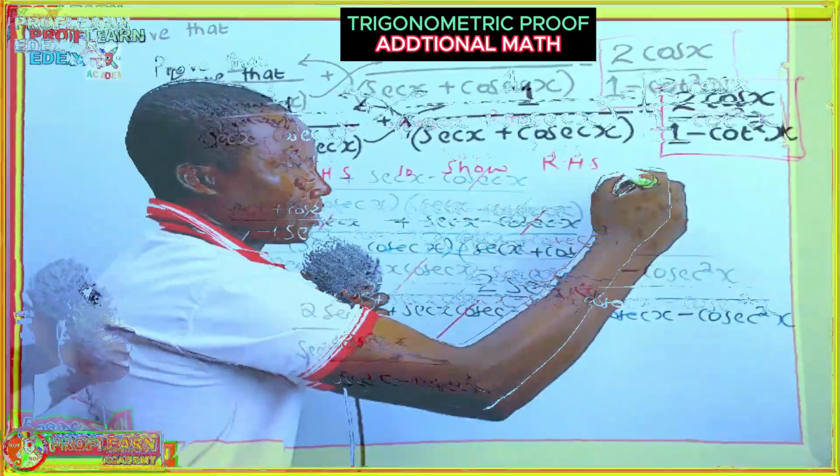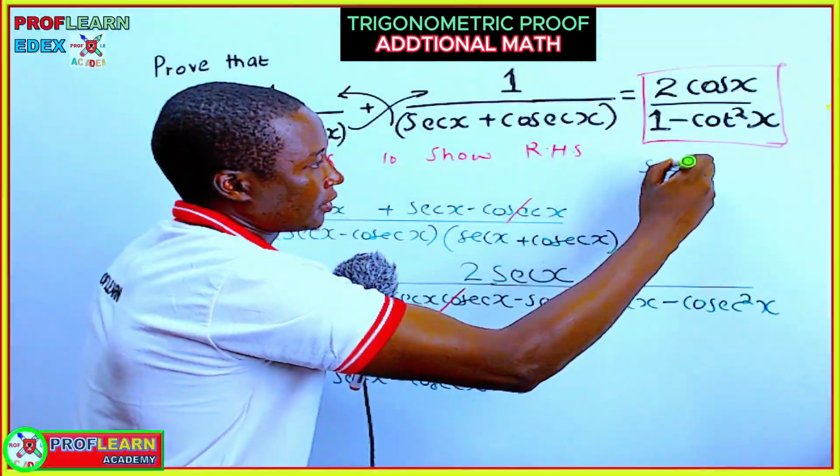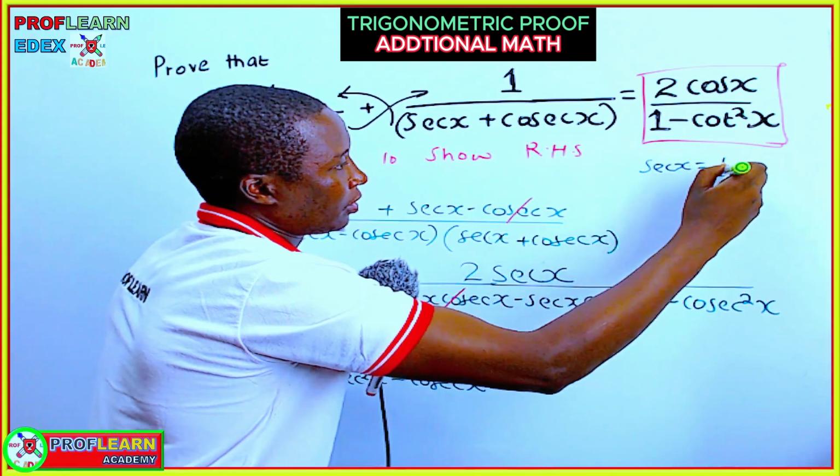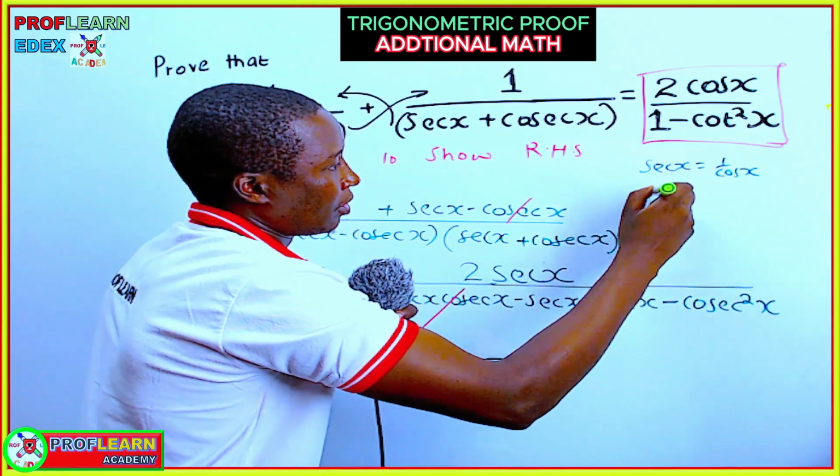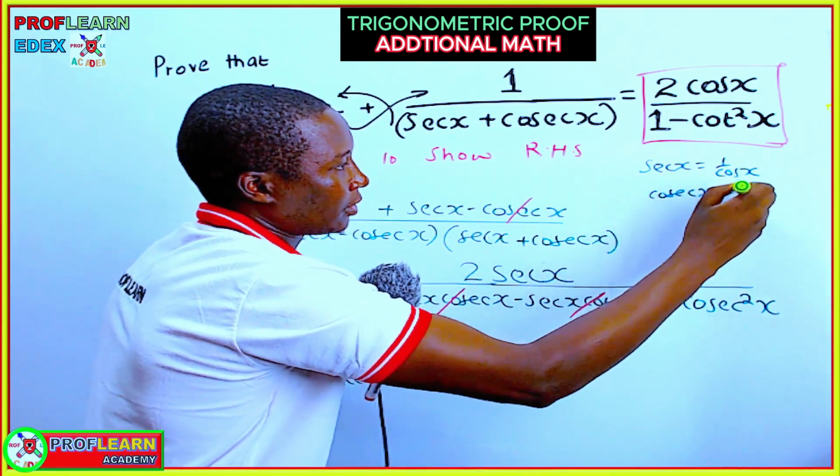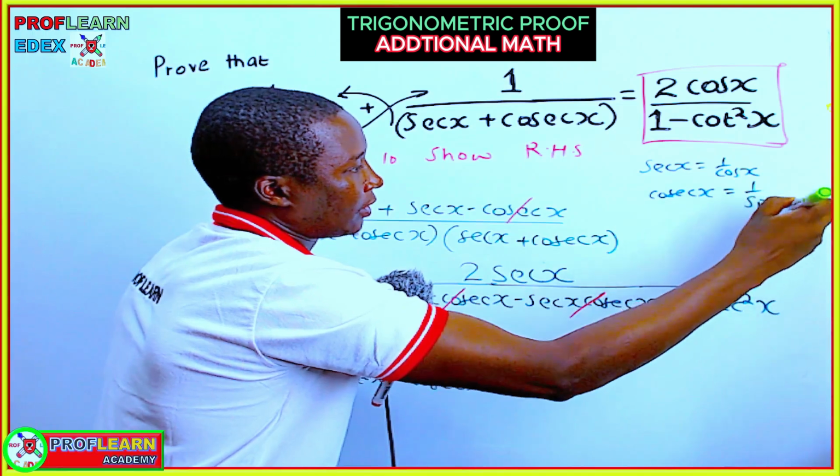But you need to remember that sec x is the same as 1 over cos x, and cosec x is the same as 1 over sine x.